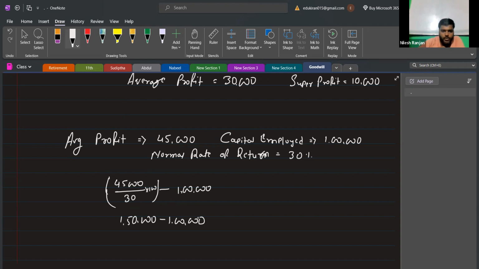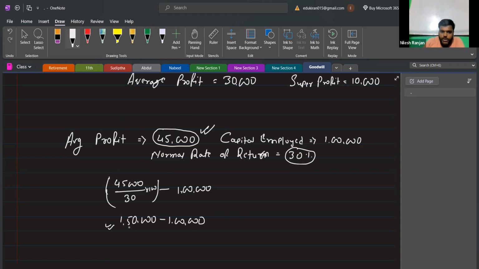For explanation, you need to understand this. If the normal rate of return is 30%, and our average profit is 45,000, how much amount should we invest to earn this amount?